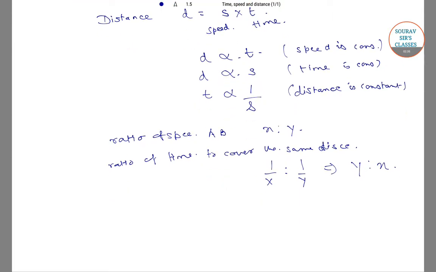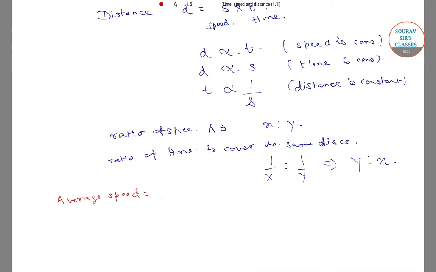Now the average speed is given by total distance by total time taken to cover the distance.